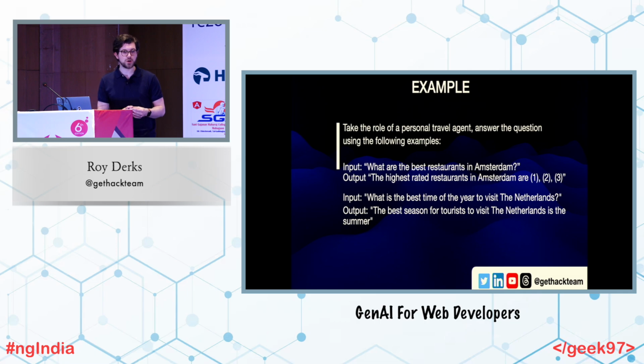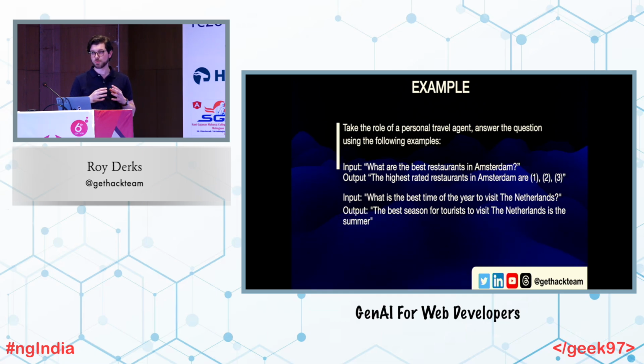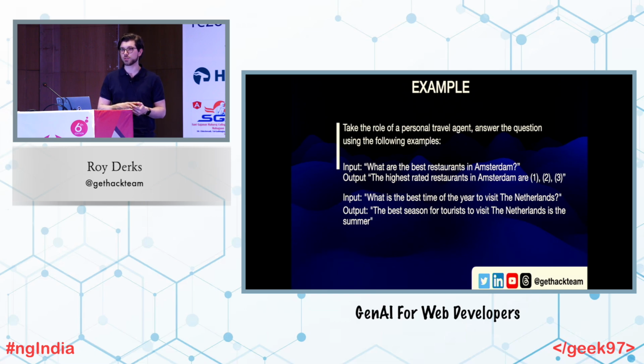Another example of prompt engineering, which is still quite basic, but it already goes a bit more into detail of what you could do. You can still tell the LLM to take the role of a personal travel agent, but this time you're going to give some examples of how you like the answers to be formulated. Because maybe you don't like the standard formulation of answers from ChatGPT.